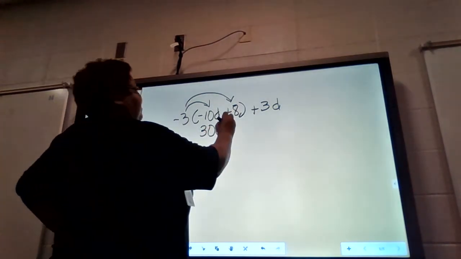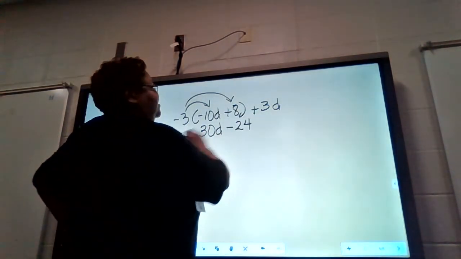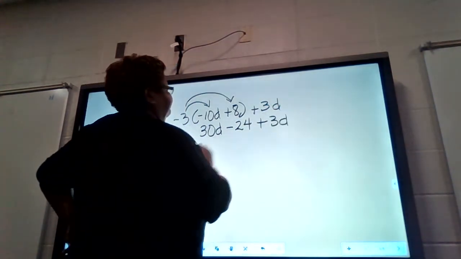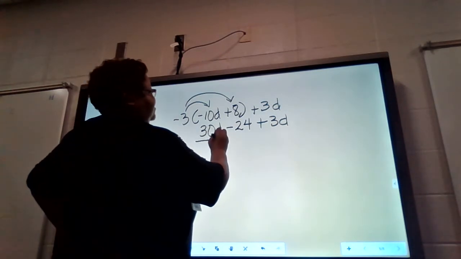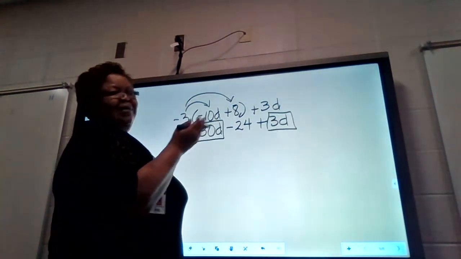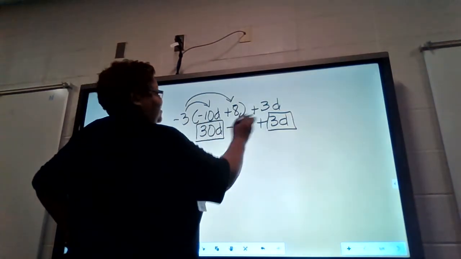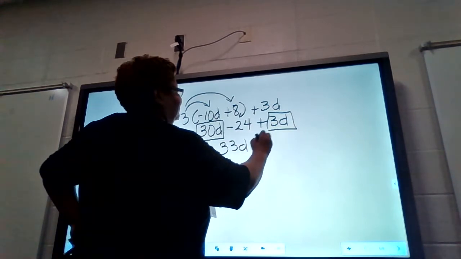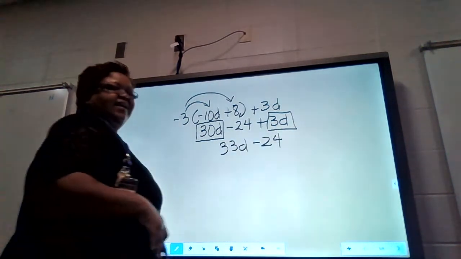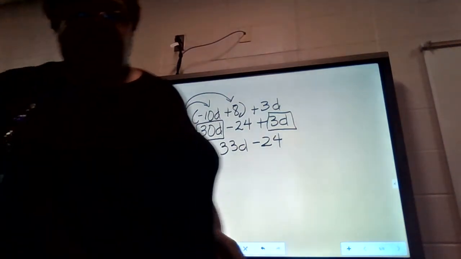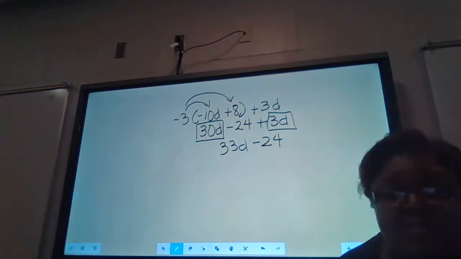Negative 3 times a positive 8 is a negative 24, plus 3D. And these are my like terms here. Notice I'm doing all my methods, the underlining. 30 plus 3 is 33D. Now, I can't combine this 24 with it because it doesn't have a D with it, so it's not a like term. So that's pretty much the distributive property and combining like terms.